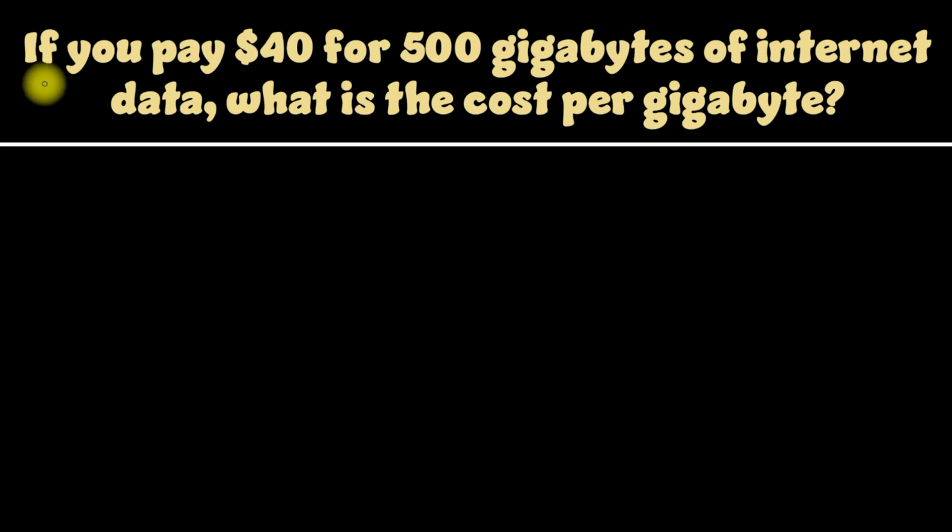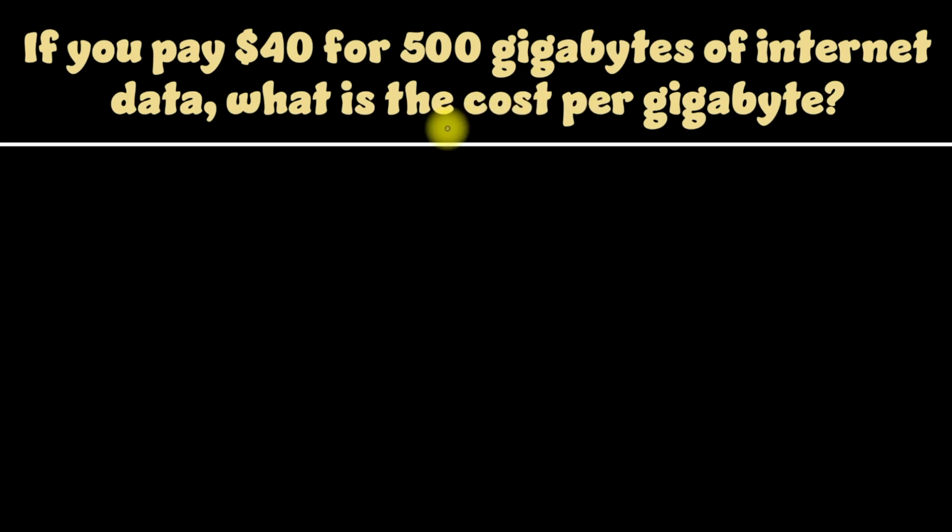In this video, we're going to answer this question, and it says, if you pay $40 for 500 gigabytes of internet data, what is the cost per gigabyte? Because we're measuring one unit using another unit, it looks like this question deals with rates. How do I know that?